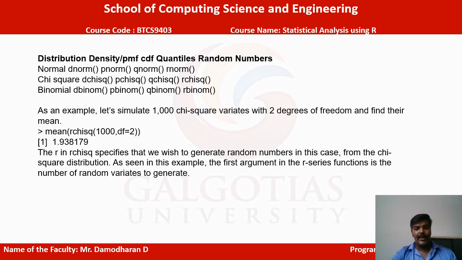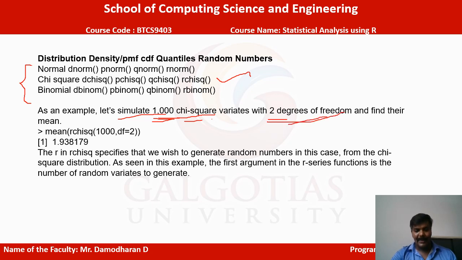Now we will take a distribution as an example. First we will take the chi-square distribution. From the chi-square distribution, first we will calculate a simulation of 1000 values. We take the simulated values, 1000, with 2 degrees of freedom. So the DOF value is 2.